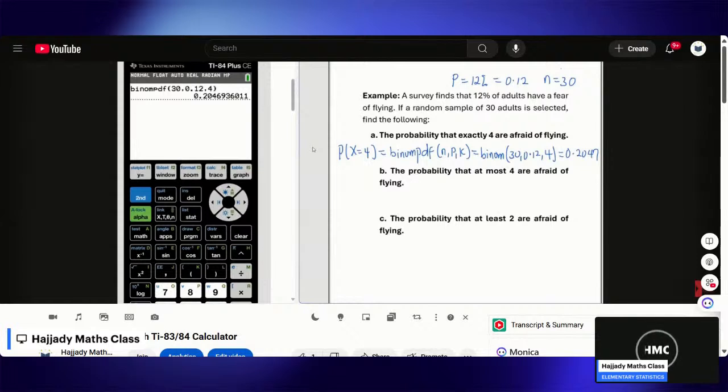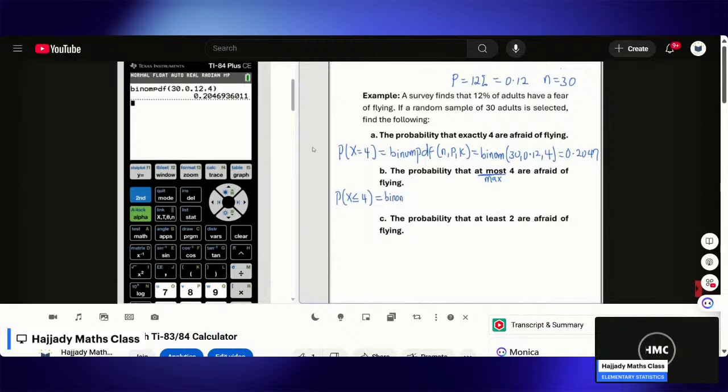Secondly, find the probability that at most 4 are afraid of flying. In statistics, every time you see the words at most, it's talking about the maximum value. So the probability of at most means x is less than or equal to 4. It cannot exceed 4. To do that, we need the cumulative probability from when x is 0 to when x is 4.